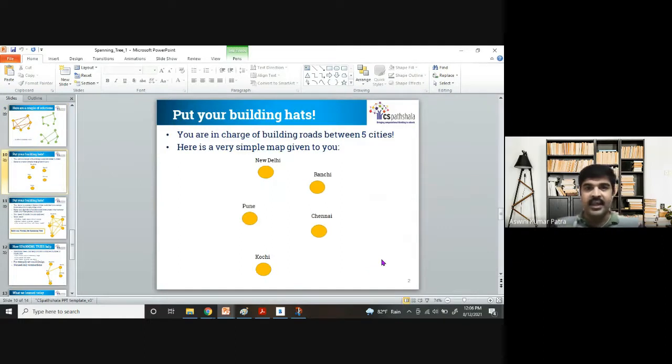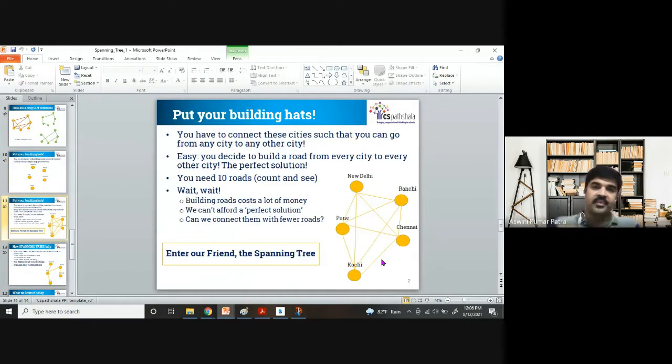Now let's relate it. You are in charge of building roads between 5 cities. Here is a very simple map given to you: New Delhi, Pune, Kochi, Chennai, and Ranchi. You have to connect these cities such that you can go from any city to any other city. If there is no road, one city will be missed out.